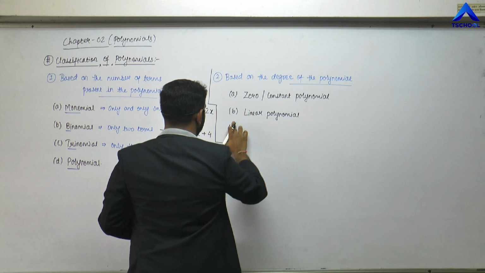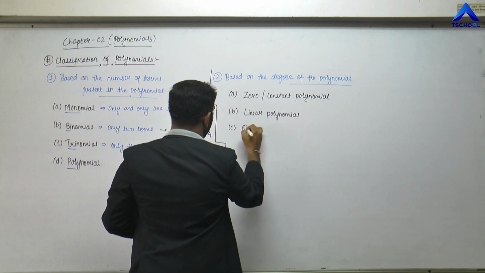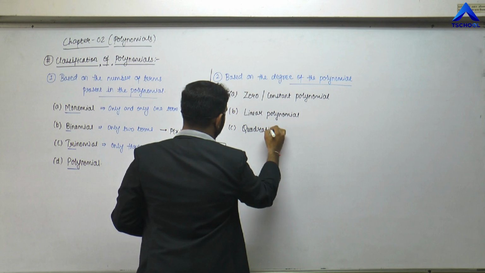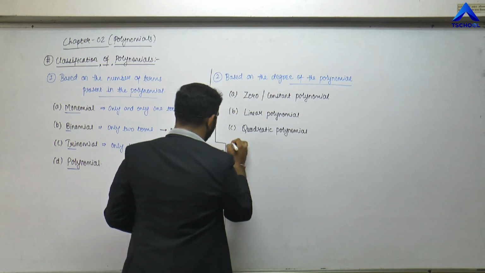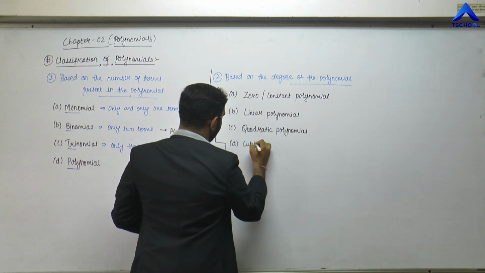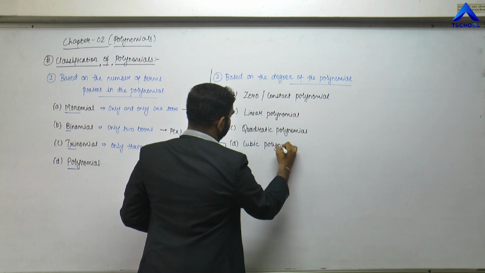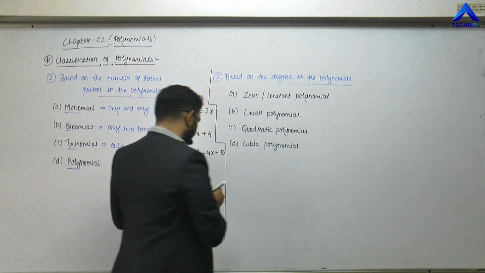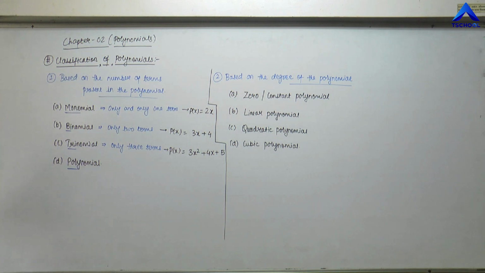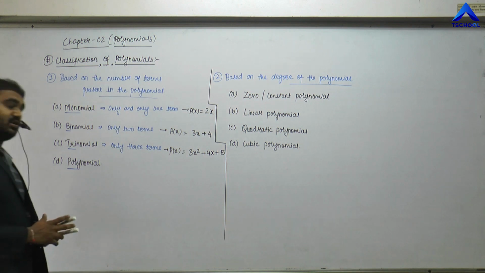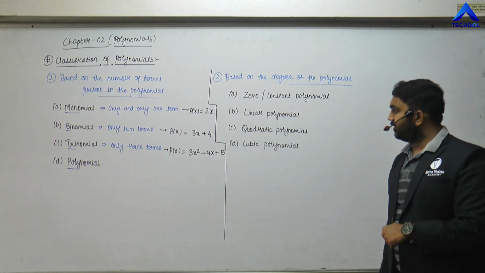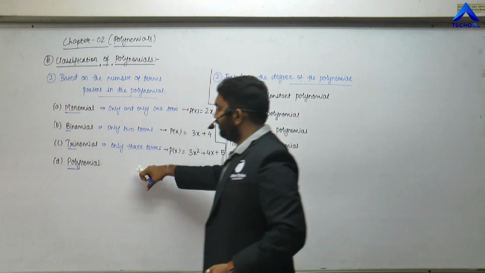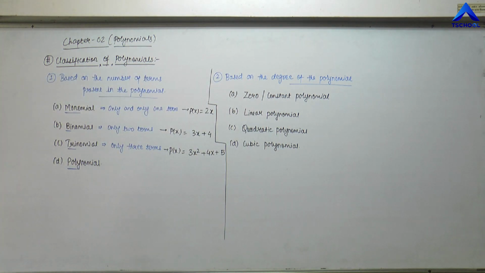The third one is the quadratic polynomial, and the fourth one is the cubic polynomial. So zero or constant polynomial, linear, quadratic, cubic polynomial: these are the classification of the polynomials based on the degree, and those are based on the number of terms present in the polynomial.